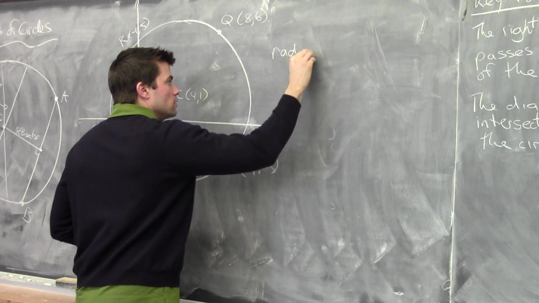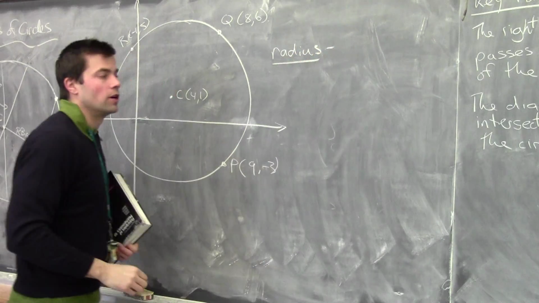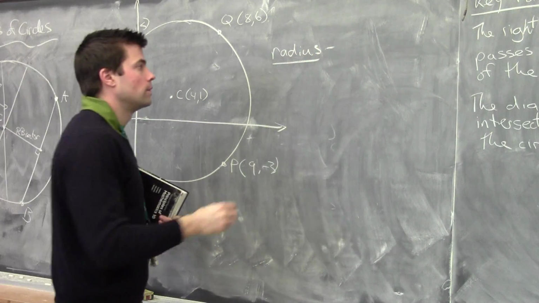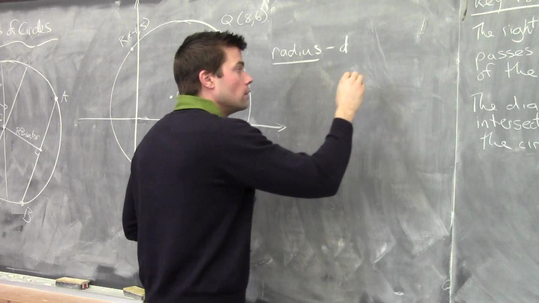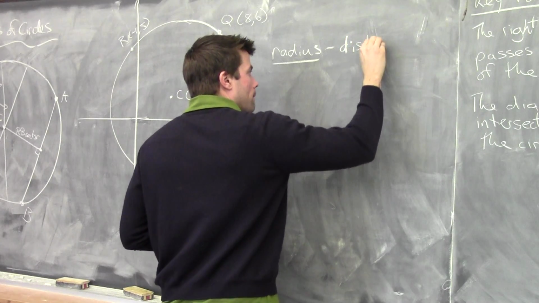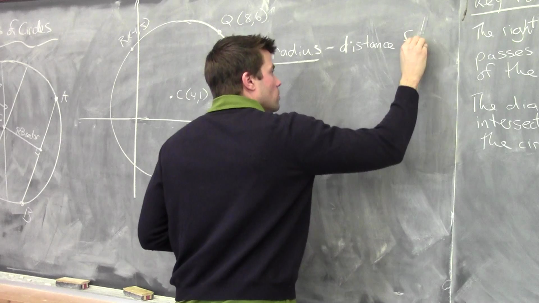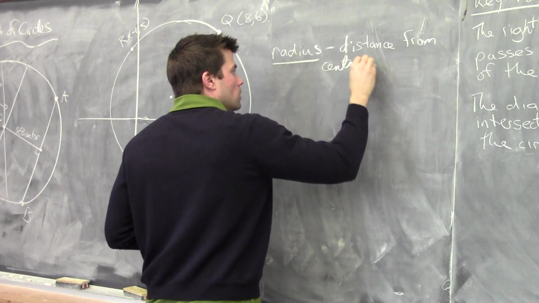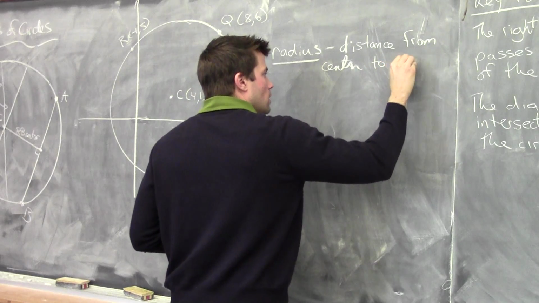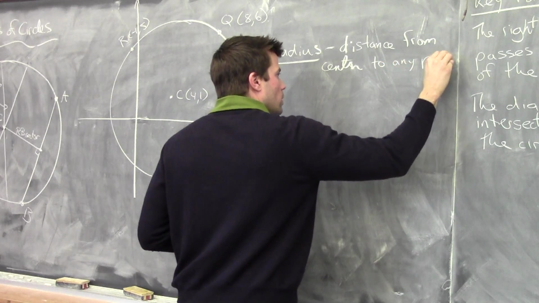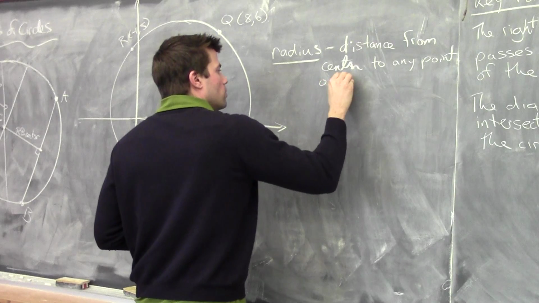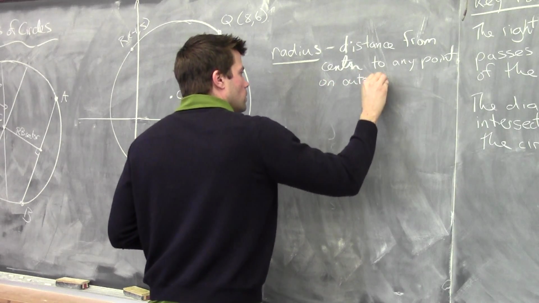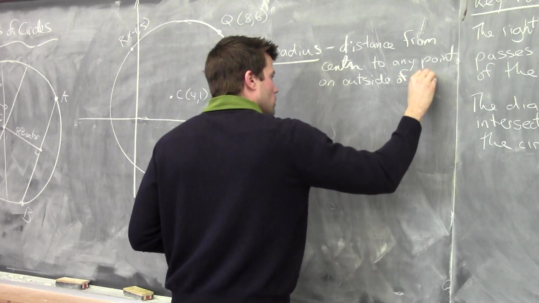A radius is what, Josh? The distance from the center of the circle to any point on the circle. Yep. Distance from center to any point on the outside of the circle.